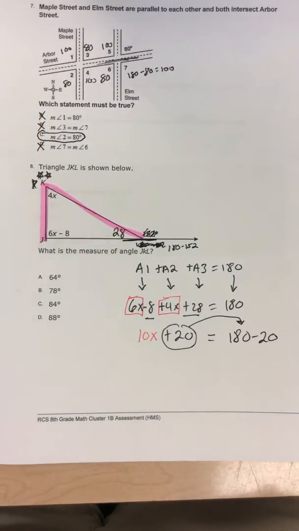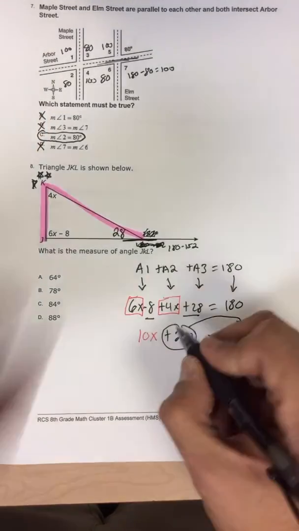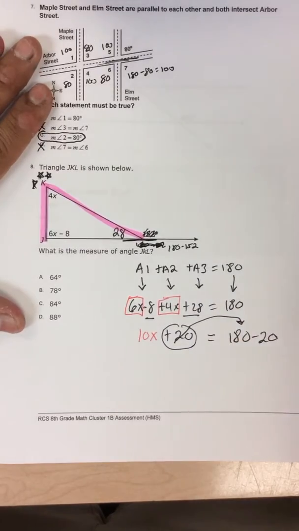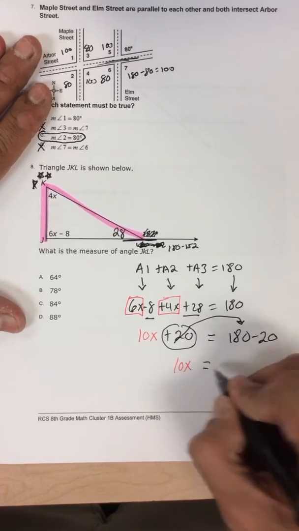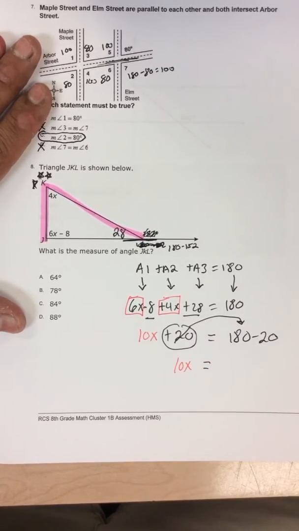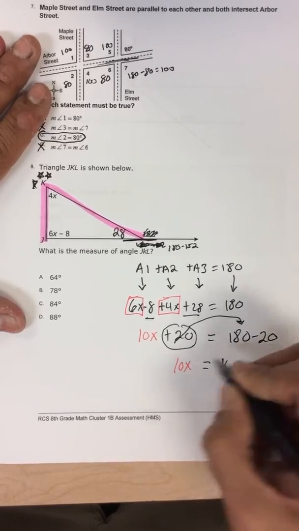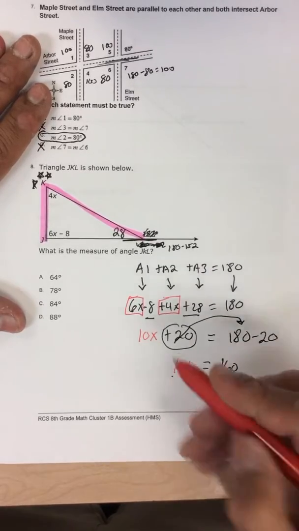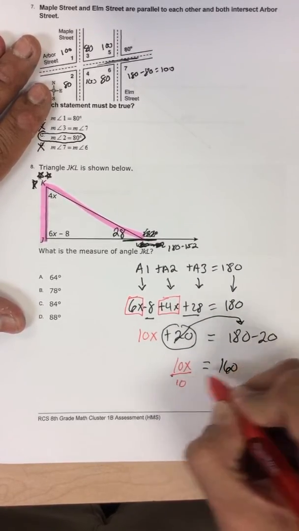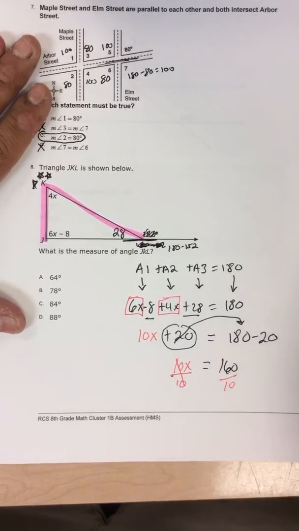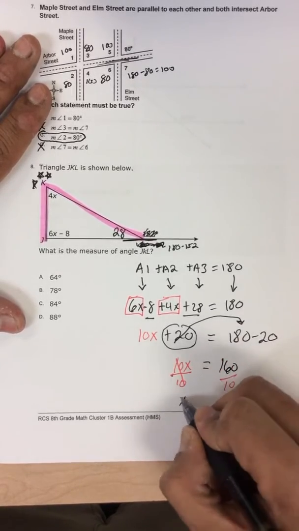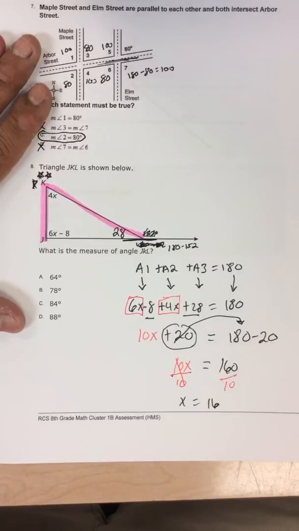So that becomes the opposite of a plus 20 is a minus 20. So we're left with 10x equals 160. And then we're going to divide by 10 because the opposite of multiplying by 10 is to divide by 10. So x equals 16.